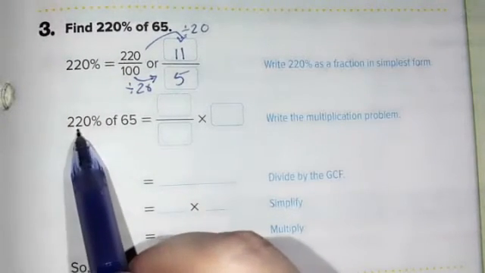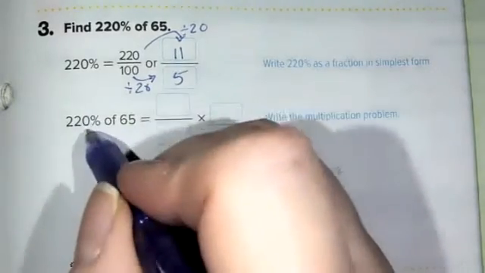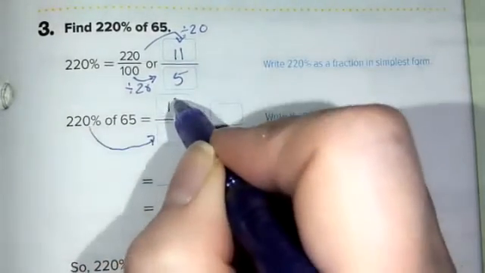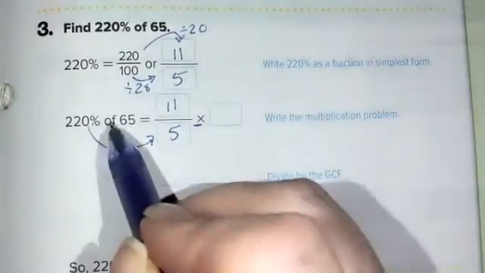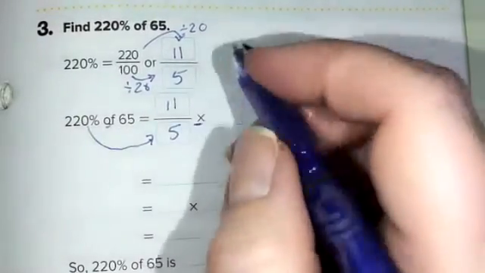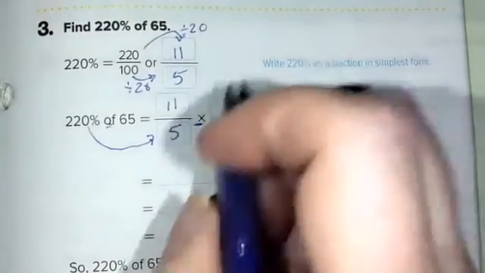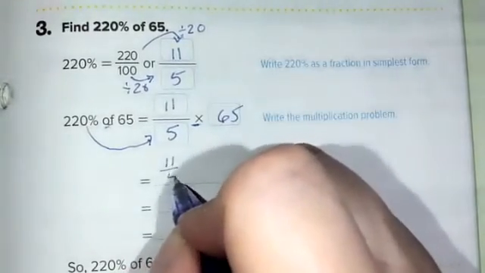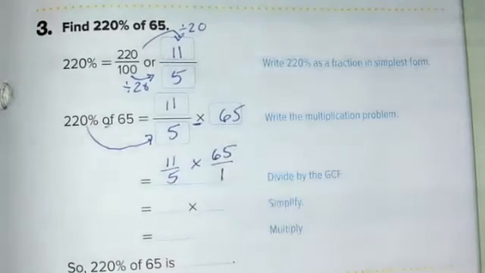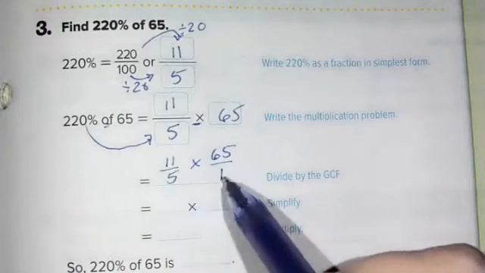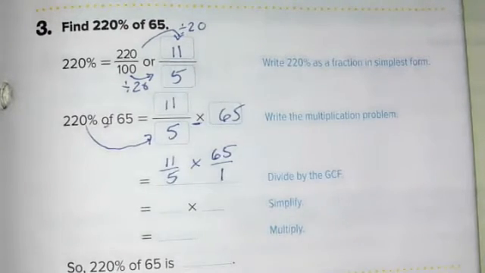So 220%, we're going to write that as 11 fifths of, we write that as multiply, 65. And then as a fraction, we write that 11 fifths times 65 over 1. And then I check to see if I can cross cancel. 11 and 1 cannot be cross canceled, but 65 and 5 are both divisible by 5.